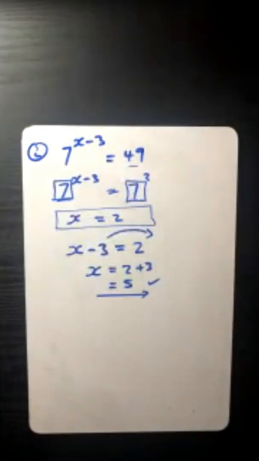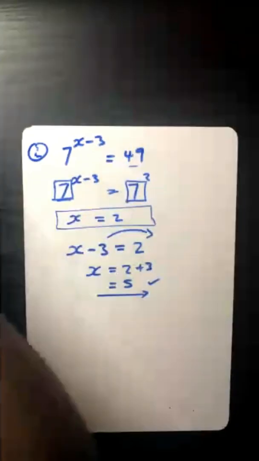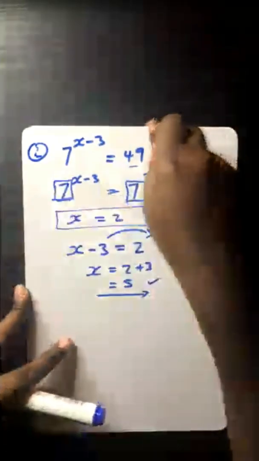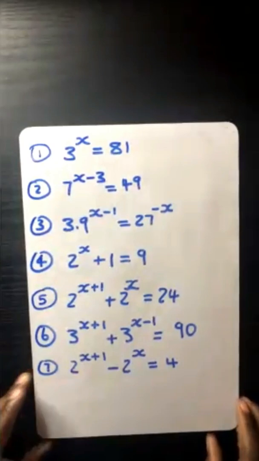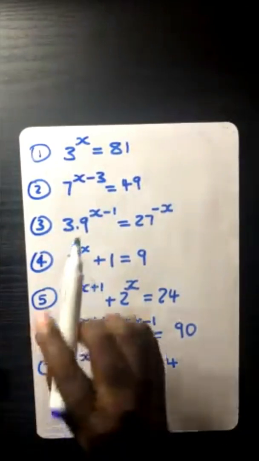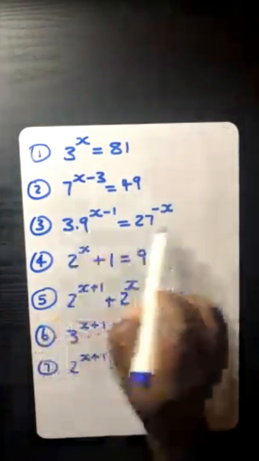Yes, sir. So remember, Shreyas, whenever you get a chance, make sure to go through our previous lessons so that you still remember how to solve this type of problems. So now let's move to number 3.